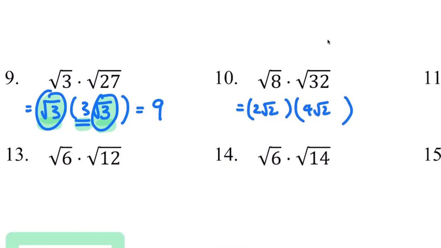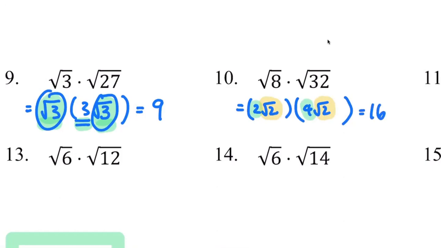Now, 4 times 2 is 8. And then root 2 times root 2 is 2. So 4 times 2 is 8, and 8 times 2 is 16. So that's how you play the game with these square roots.